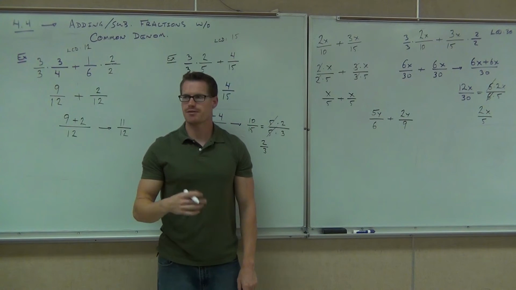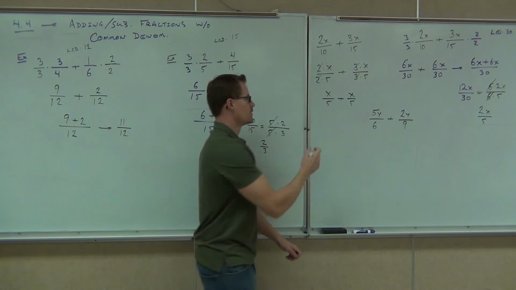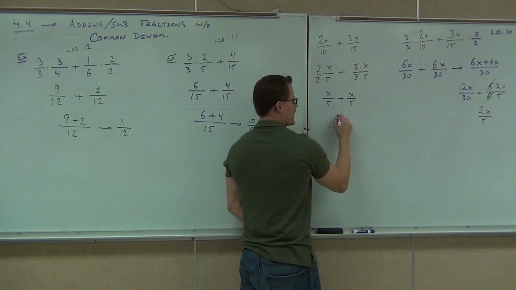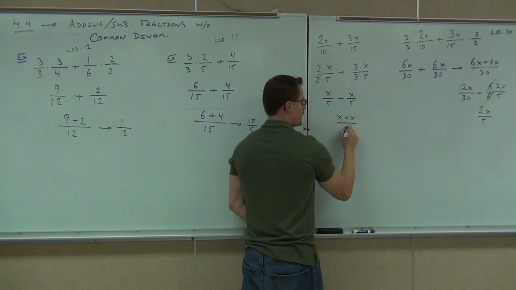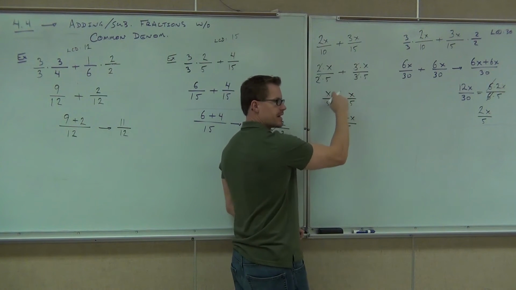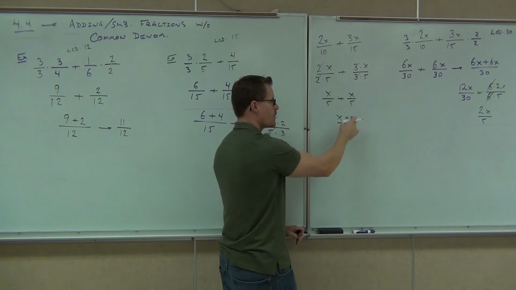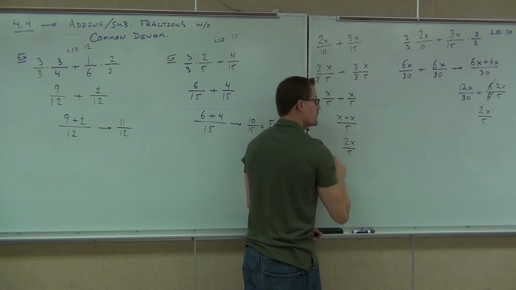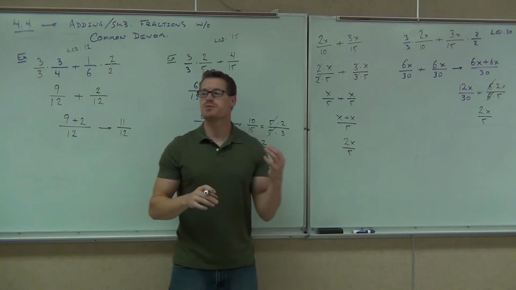Do we already have a common denominator? This would be x plus x over 5. Numerator's being added, denominator just stays the same. How much is x plus x? 2x. Did you get the same answer? Sure. There's nothing that says you can't simplify first.